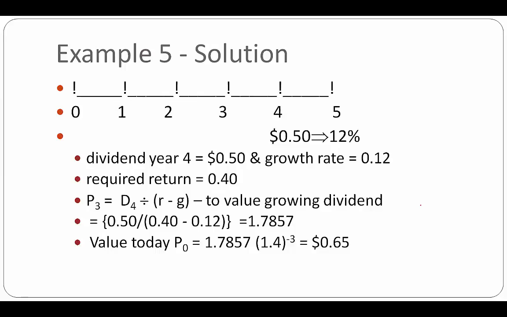So years 1, 2, and 3, no dividends, no cash flows in periods 1, 2, and 3. In year 4, there's going to be a cash flow of 50 cents, and then it's going to grow by 12% thereafter, so a little bit over 55 cents in year 5.